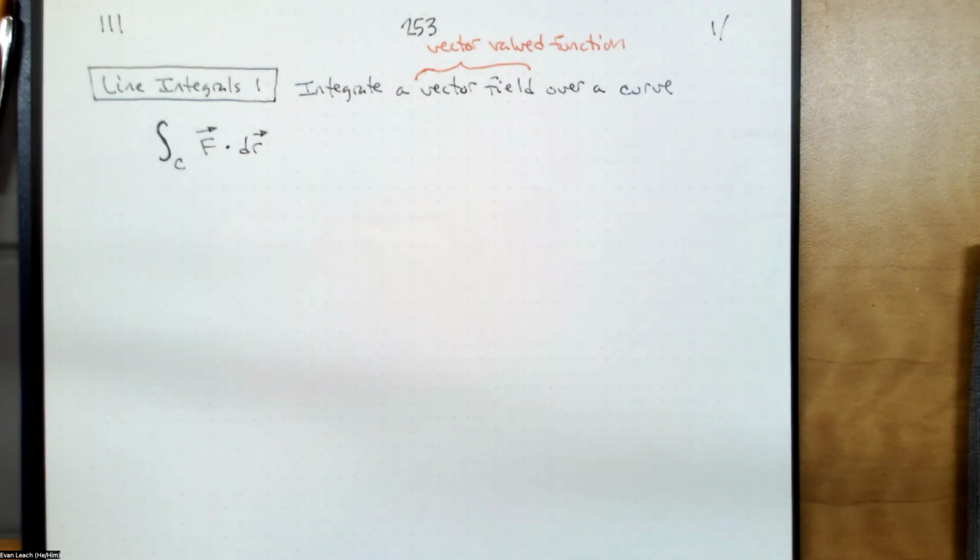When we do an integration, we have to integrate over a set. In a simple integral, it's over an interval. In a double integral, it's over a region in the XY plane. In a triple integral, it's over a solid in three-dimensional space. Here, we're going to be integrating a vector field over a curve, a one-dimensional curve.